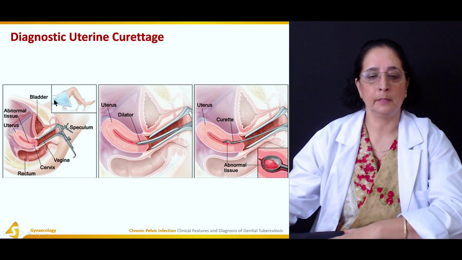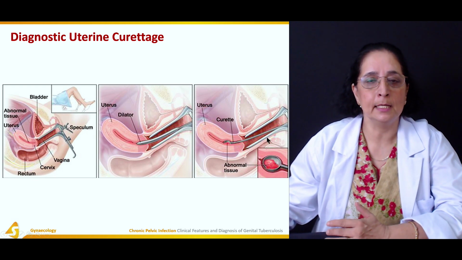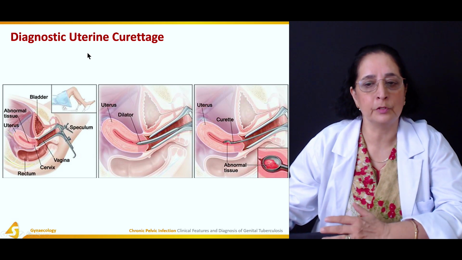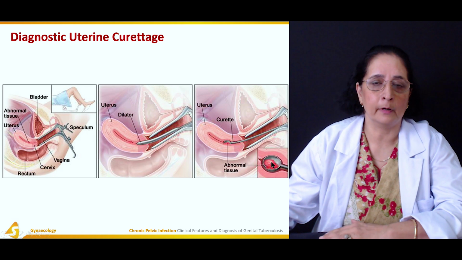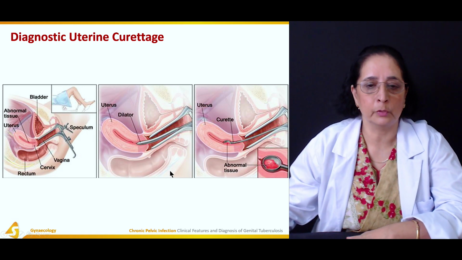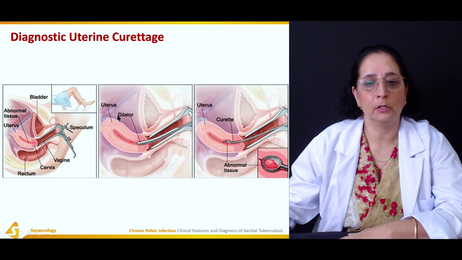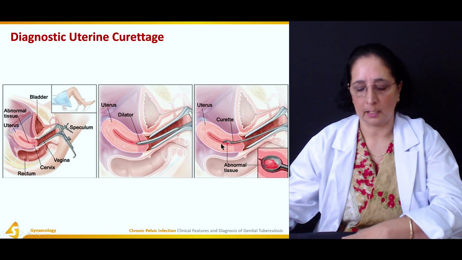So these are the 3 steps for D and C, or dilation and curettage. It's a diagnostic procedure because the specimen sent to the lab for examination gives the exact diagnosis of the abnormality. So the position is lithotomy, dilators, and then we have the curettage.